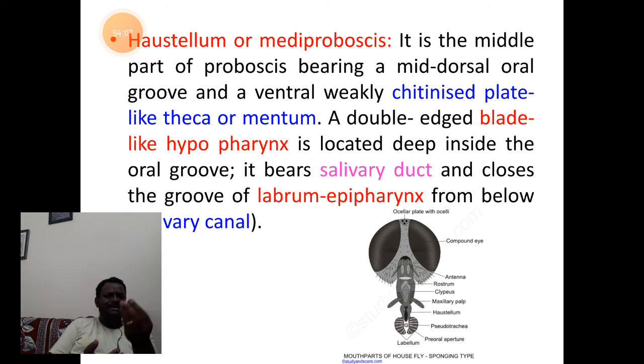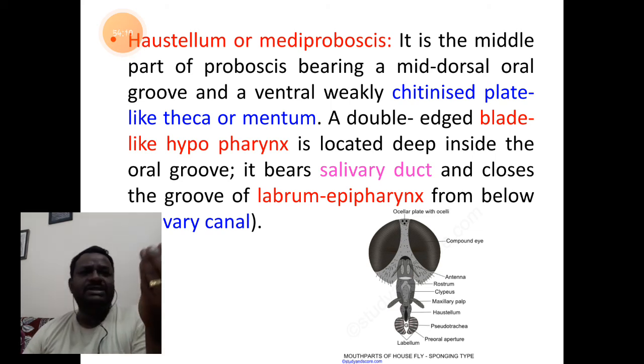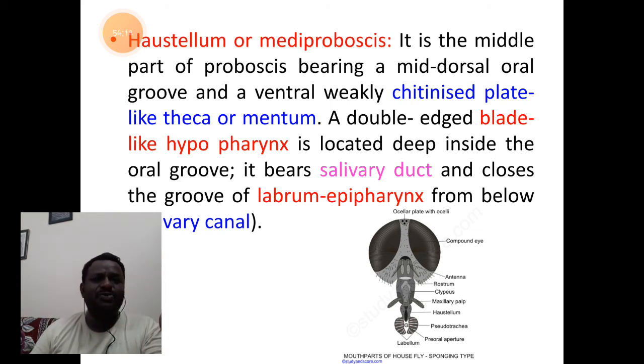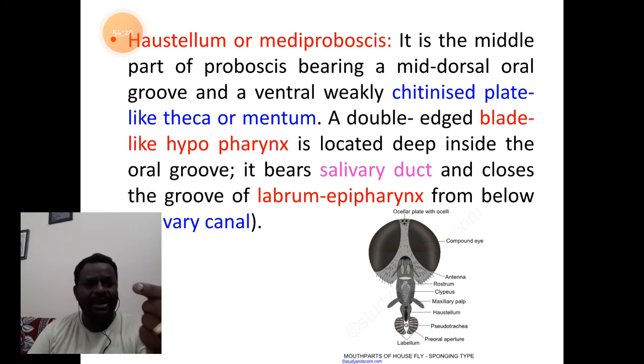You know, houseflies generally visit food which is rich with sugar content, sugary substances. When it visits a sugar crystal, it will pour its saliva, convert that solid into liquid and then absorb. So that conversion process of saliva pouring is done by this haustellum region. So it's a modified part related to the hypopharynx and labrum epipharynx region.